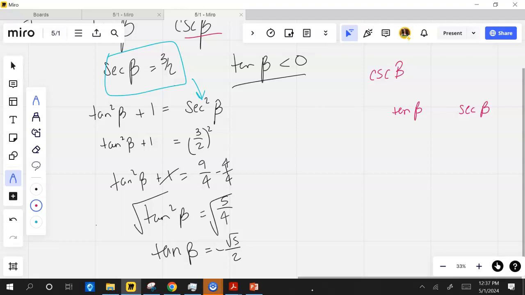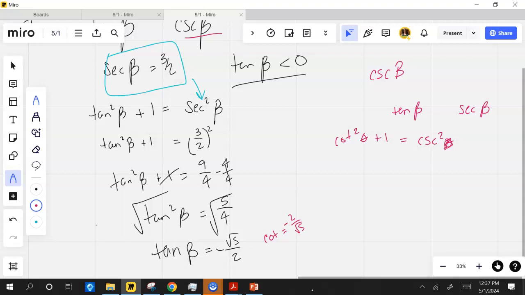That last Pythagorean identity is cotangent squared plus 1 equals cosecant squared. By having tangent, I also have cotangent. If I flip this over, then cotangent is 2 over square root of 5.